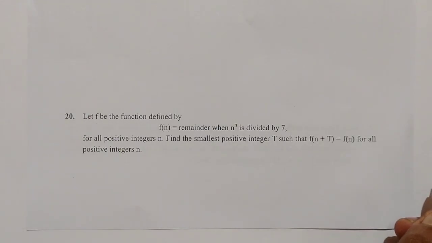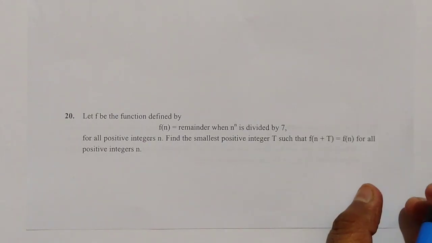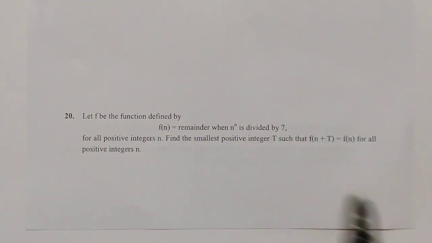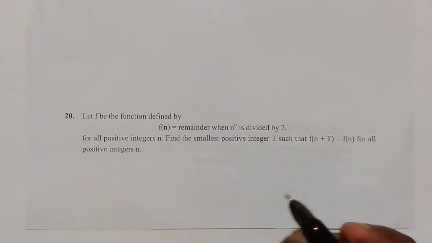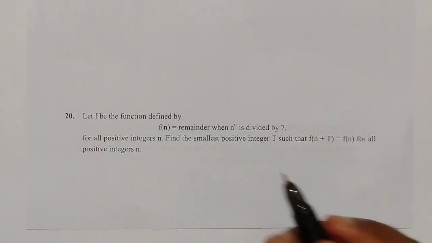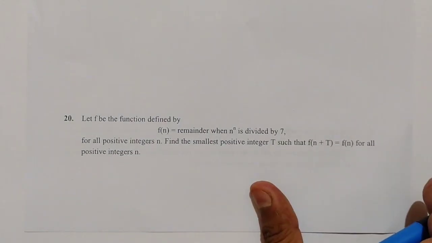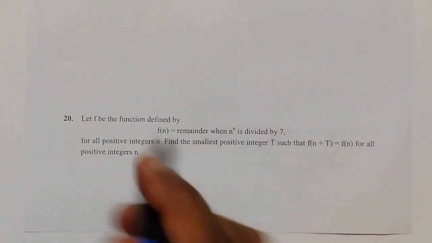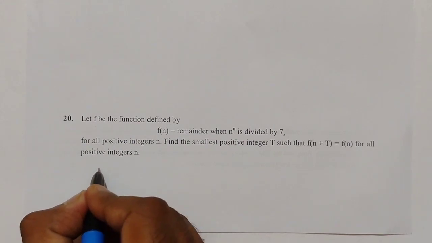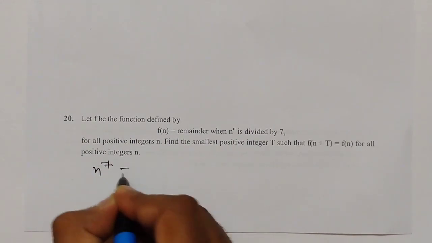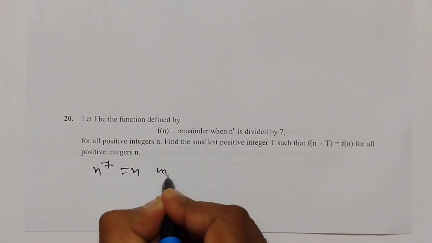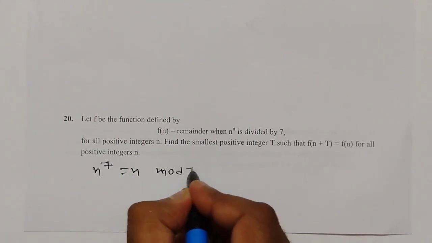Now in this problem, first of all we have to use Fermat's little theorem. So here we have n to the power 7 is equal to n mod 7.